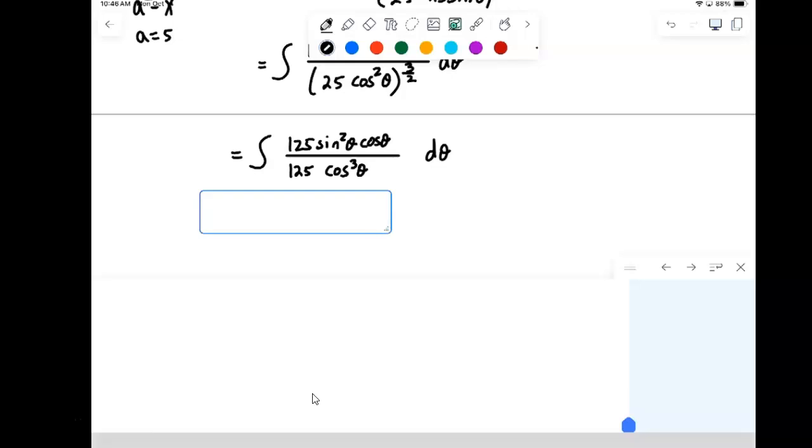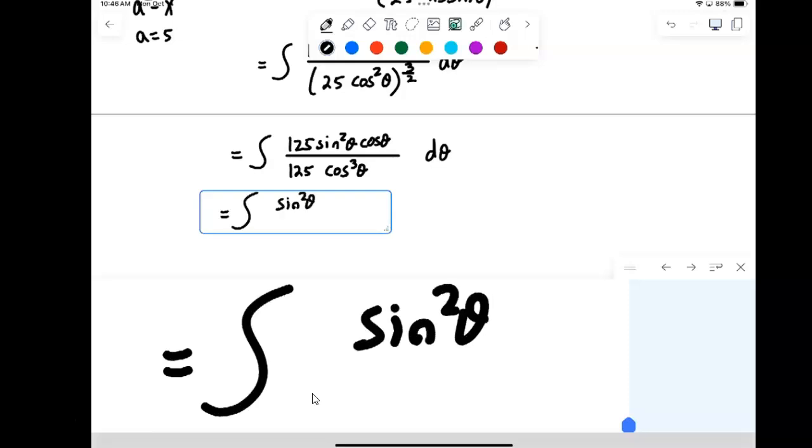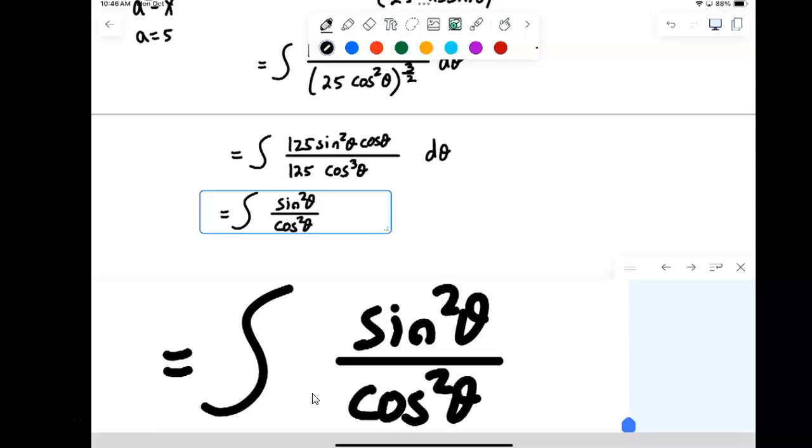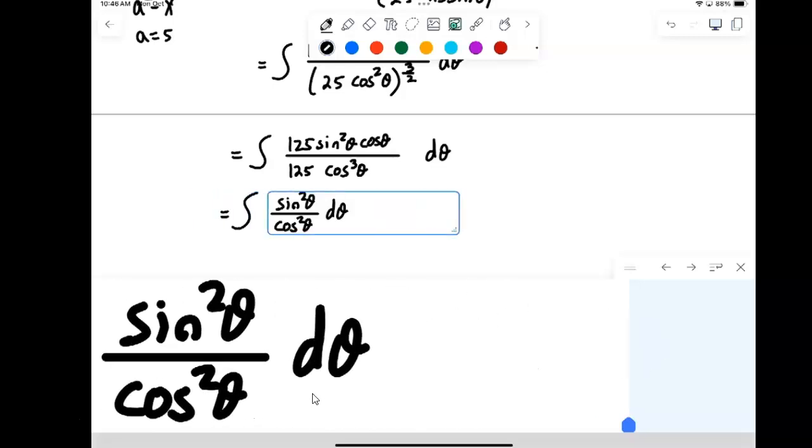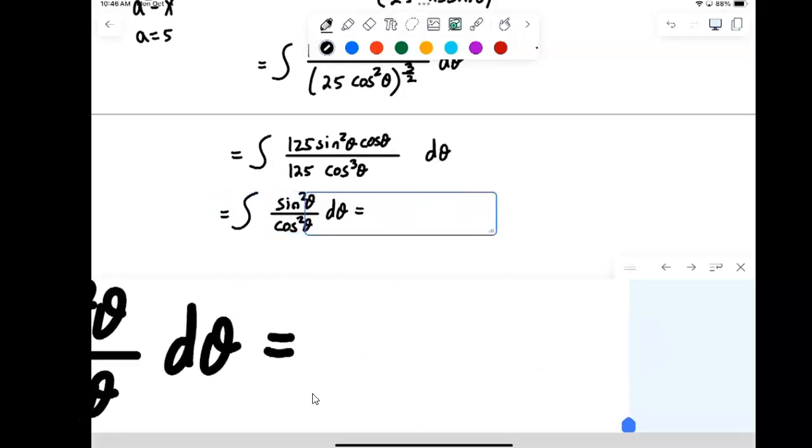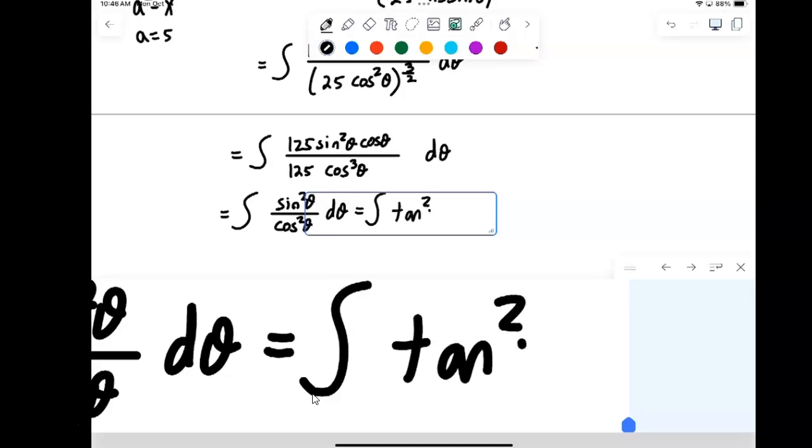One of the cosines on the top cancels with one on the bottom, giving us the integral of sine squared theta over cosine squared theta d theta. But we recognize sine squared over cosine squared as tangent squared.